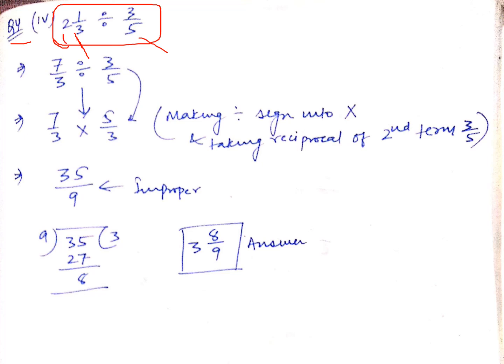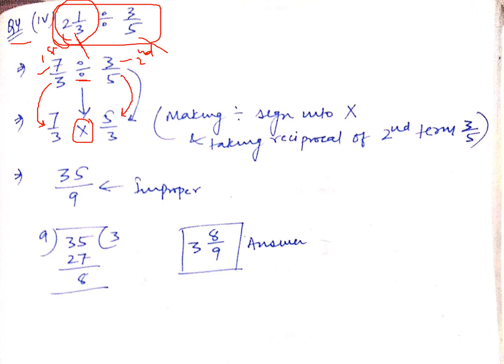First, we have to write this mixed fraction in normal form. So 3 2s are 6 plus 1, that is 7 upon 3 is the first term, and the second term is as it is, 3 upon 5. In between them, the sign is of division, and to do the division process, we use the methodology that we have learned in the last questions: we copy the first term as it is, we convert this division into a multiplication sign, and at the same time we take the reciprocal of the second term.